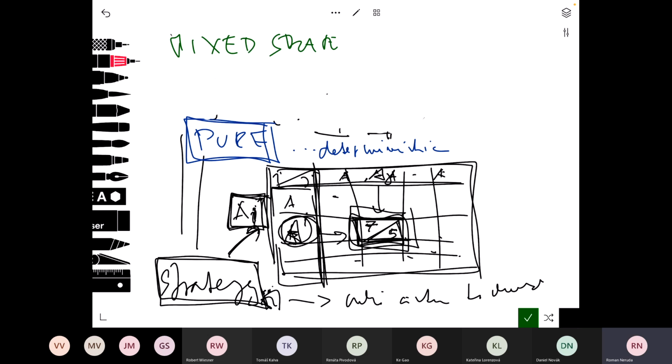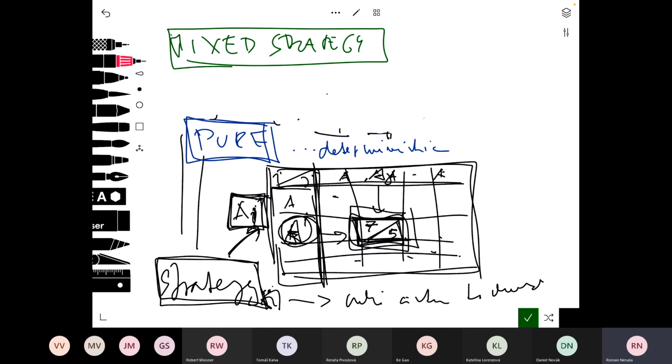So we can have a mixed strategy. The pure strategy is deterministic, saying you choose action 7. The mixed strategy is that we have the actions, and for each action we have the probability with which we choose it. So a mixed strategy would be: with probability 0.1 choose action 1, with probability 0.9 choose action 2.